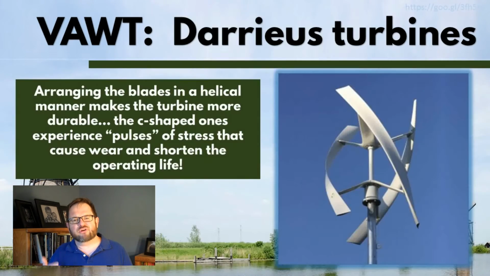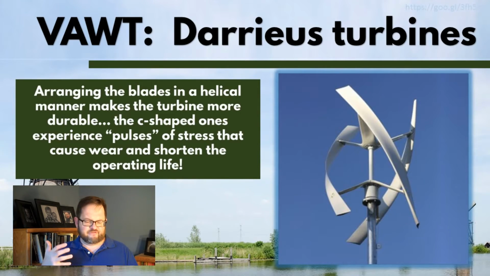There's actually a lot of weird problems with Darrieus turbines in terms of the actual design of them. The forces acting on each of the blades vary enormously as it goes through one rotation, because at one point it's going with the wind and not generating a lot of lift, and then on the other side, as it comes upwind, it's generating enormous amounts of force as the wind is going across the blade at a higher speed.